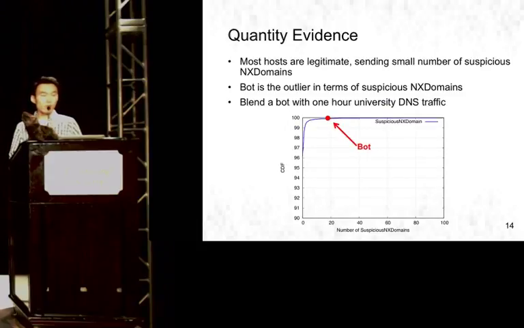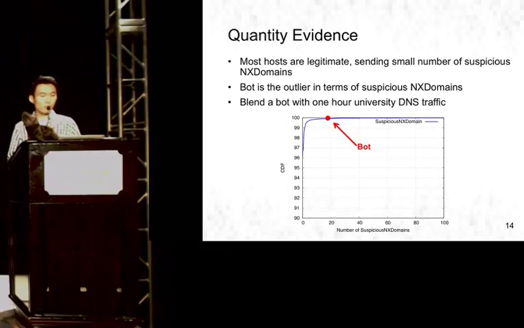So the first evidence we use is quantity evidence. The assumption here is that most of the hosts in a local network are legitimate, so they do not send a large number of suspicious NX domains. On the other hand, because botnets do not know which domain is registered by the bot master, they have to query lots of NX domains.